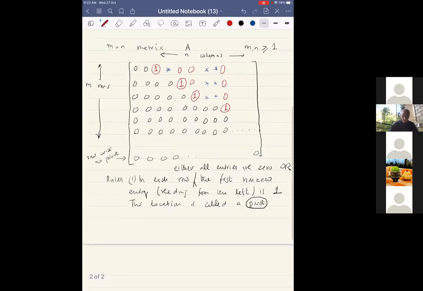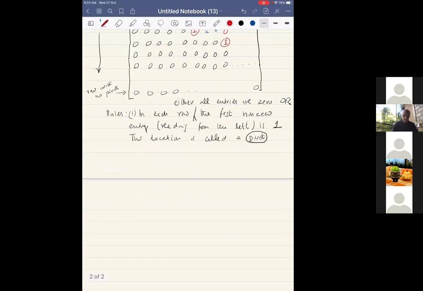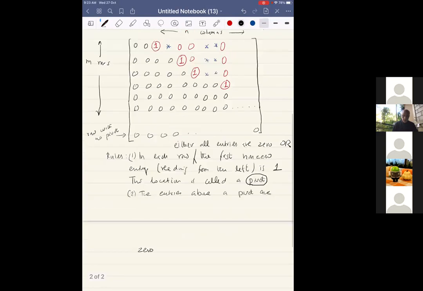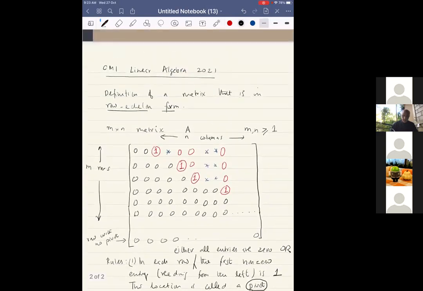The second rule is that the entries above a pivot are 0. So look here. Here are the pivots. So this was a pivot.